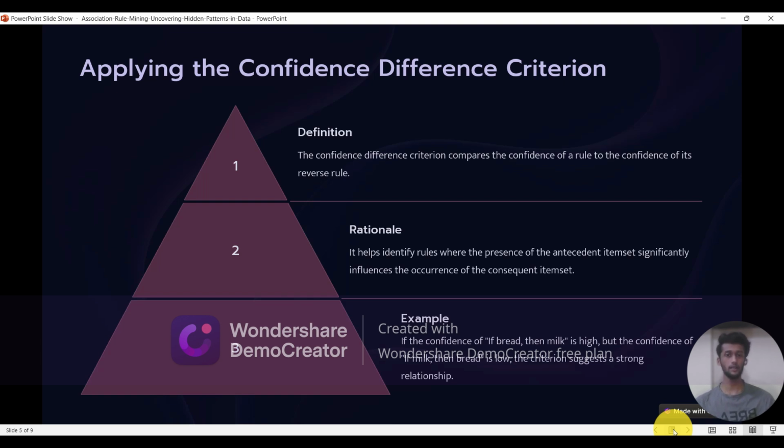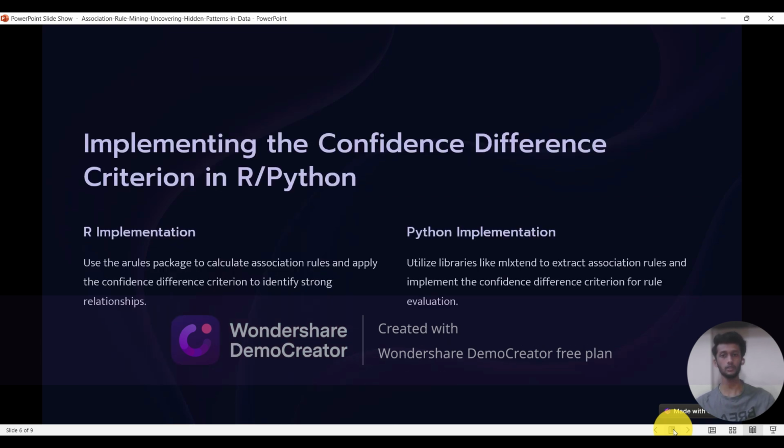Rationale: it helps to identify rules where the presence of antecedent item sets significantly influences the occurrence of consequent item sets. Example: if the confidence of if bread then milk is high, but the confidence of if milk then bread is low, the criterion suggests a strong relationship.